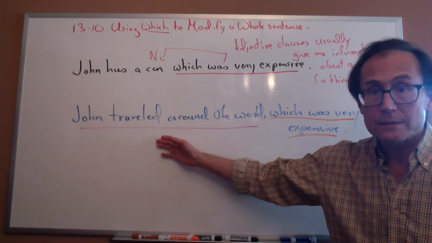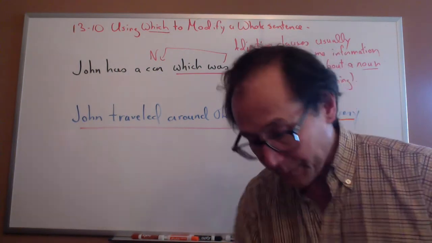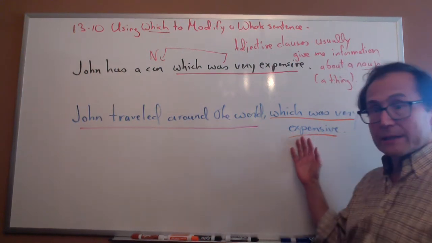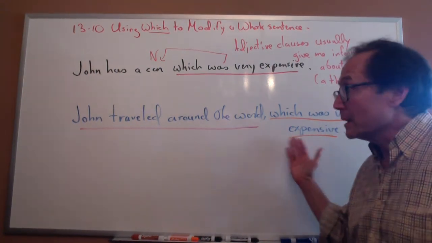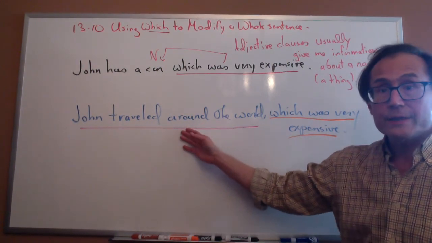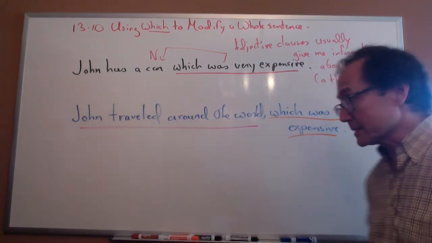This whole sentence, this whole idea is very expensive. So let me just write a note here. In this sentence, we say that the adjective clause is modifying or giving me information about this whole idea, about this whole sentence.